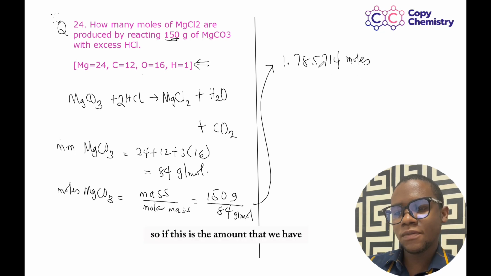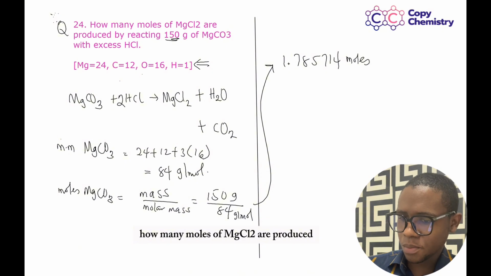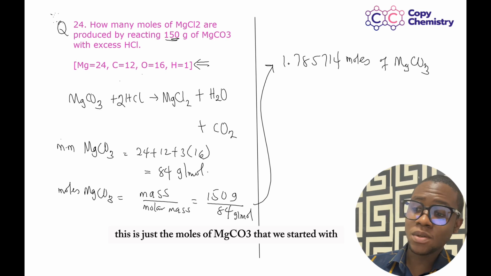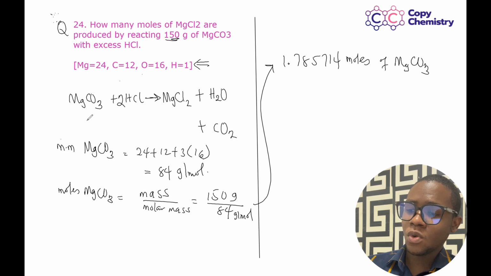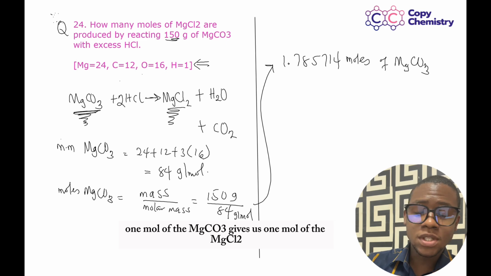So if this is the amount that we have, how many moles of MgCl2 are produced? This is just the moles of MgCO3 that we started with. But we know that from our equation of reaction, 1 mole of the MgCO3 gives us 1 mole of the MgCl2.